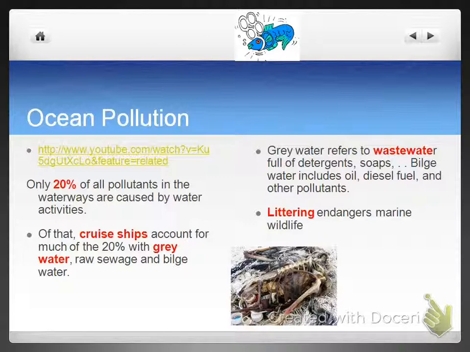And they're not supposed to dump raw sewage in the ocean, but they do dump their gray water, and that refers to the wastewater from going down the drain, from showering and dishwashing and washing hands. Bilge water includes water that's pumped out from the engine room that may or may not have oil, diesel fuel, and other pollutants. Littering is also a major problem for wildlife.